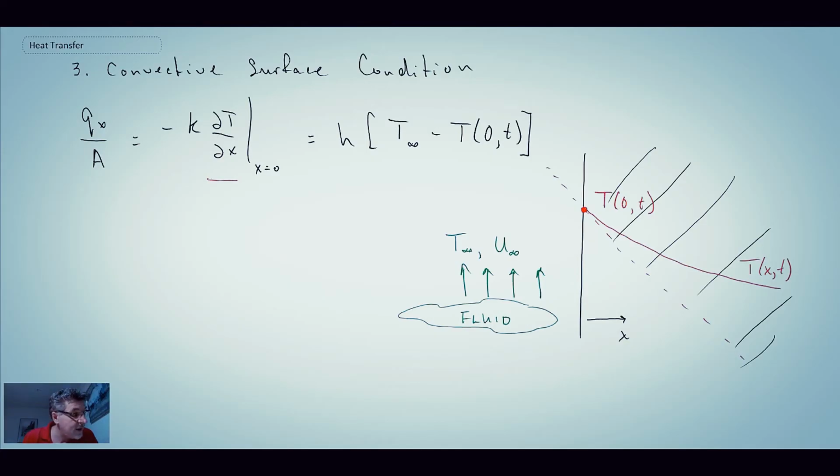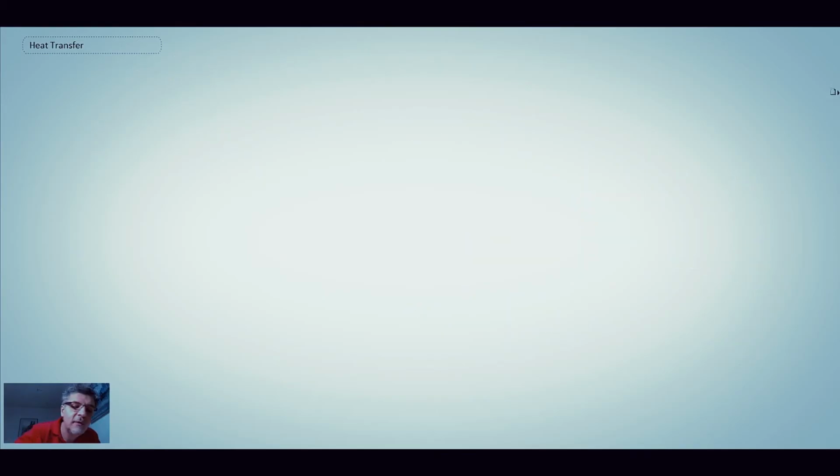So that is the third boundary condition that we can have. We can have constant heat flux, constant temperature, or convective boundary condition on the surface. So with those boundary conditions, we use those to solve the heat diffusion equation.